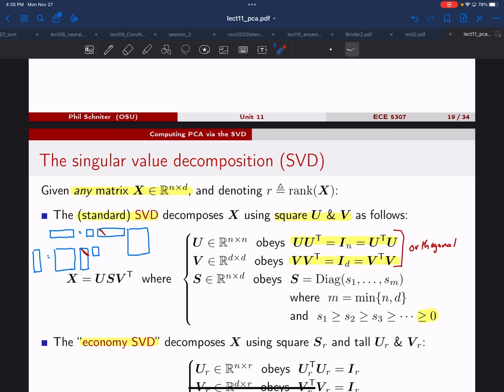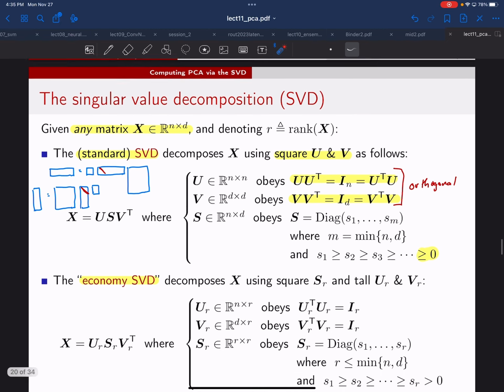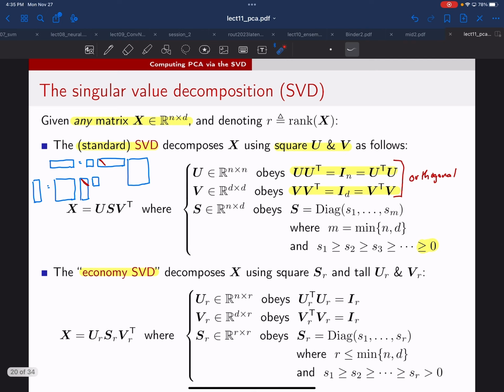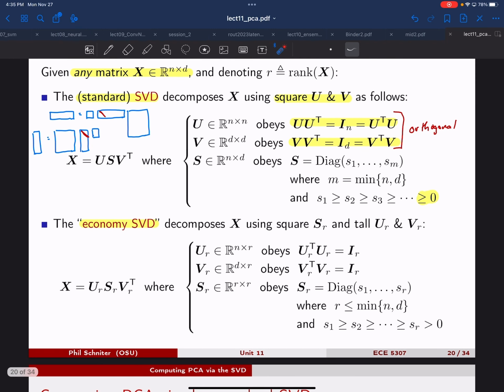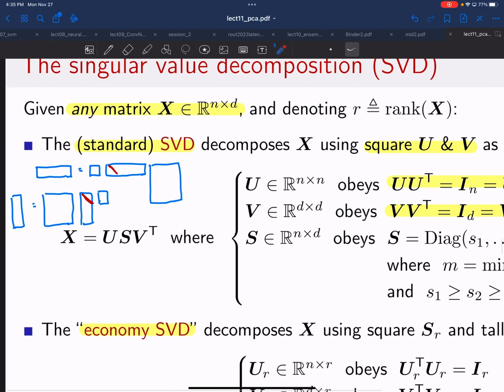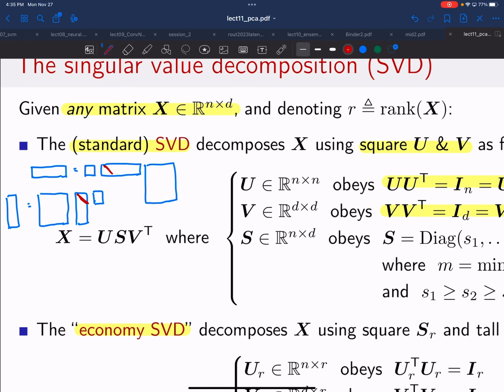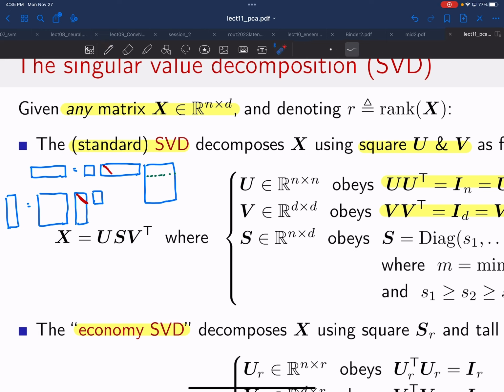Okay, so there's another form of the SVD which is more economic in terms of how many coefficients are computed and stored. The reason for this is, if you think about this picture here, imagine multiplying this matrix times this matrix.